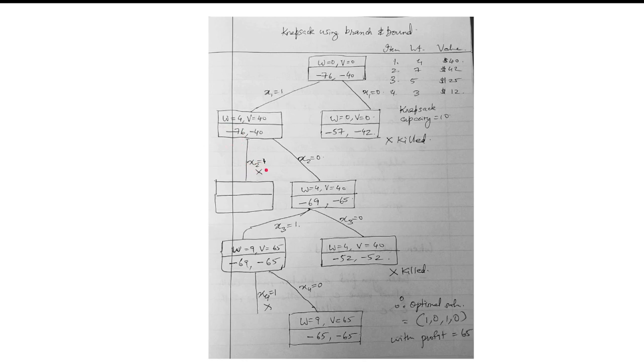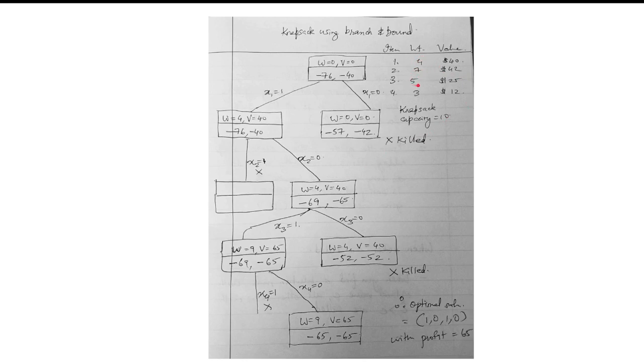First check out x2 equal to 1. Now x2 equal to 1 means the weight constraint is not satisfied, so it cannot be explored. You check out x2 equal to 0. Now x2 equal to 0 means that weight will remain 4 and value will remain 40. And then now let's apply greedy knapsack. So 4, the first item, is included, the second item not included.